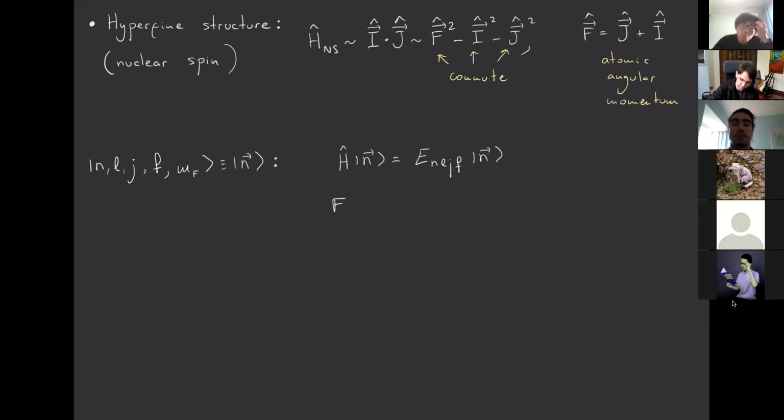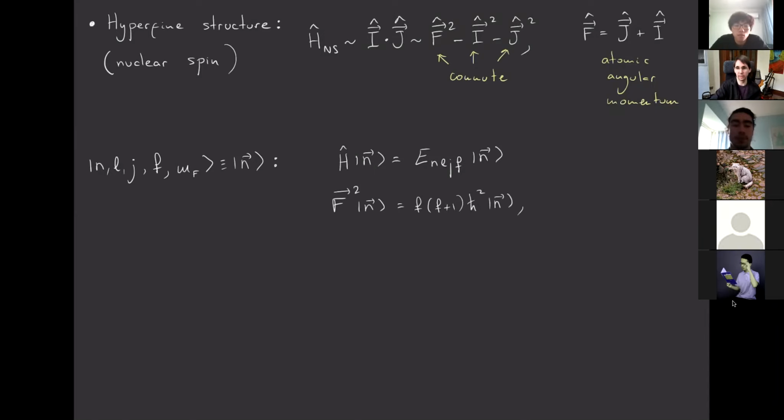And we have that F is the quantum number associated to the total atomic angular momentum. So this will be F times F plus 1 h bar square.